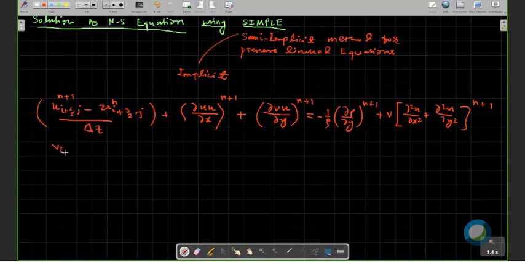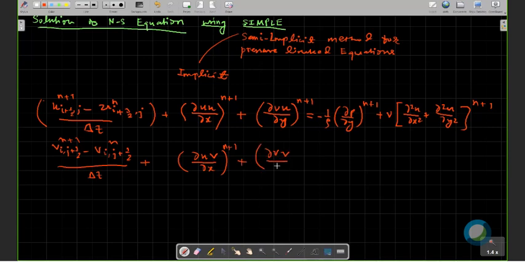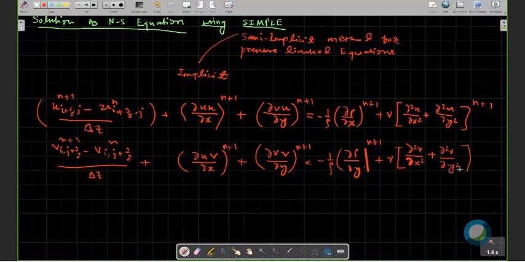So that will be v at i, j plus half at n plus 1 minus v at n, divided by delta t, plus del uv del x, this also at n plus 1, plus del v squared del y, this also at n plus 1, equals 1 by rho del p del y at n plus 1, plus nu times d2v dx2 plus d2v dy2 at n plus 1.